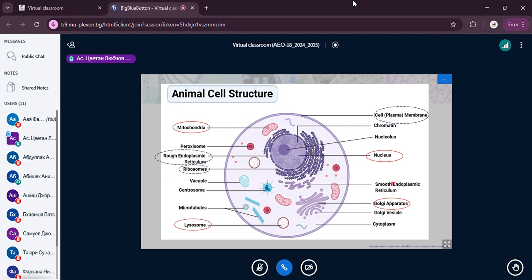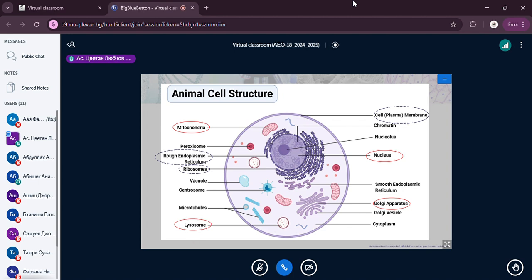We talked about reticulum and ribosomes. We have left to talk about mitochondria, nucleus, Golgi apparatus, lysosomes, centrosomes. We're going to talk about microtubules. This is the cytoskeleton. We're going to talk about it next week. Now we're going to focus on mitochondria, lysosomes, and Golgi apparatus.